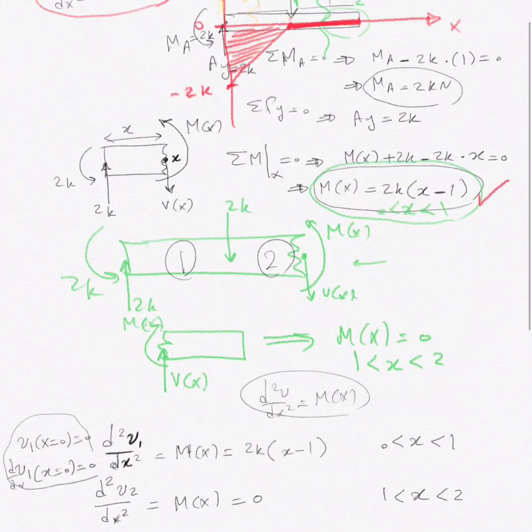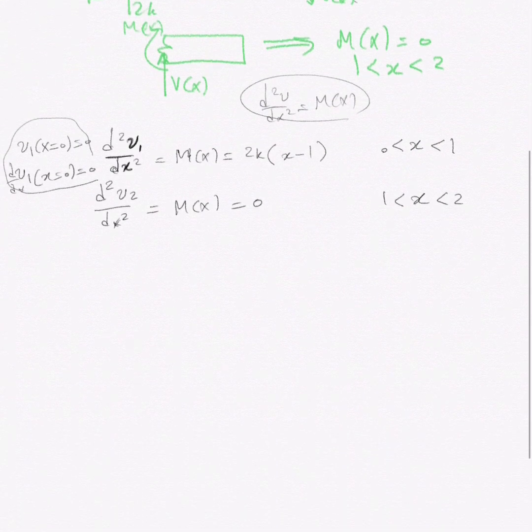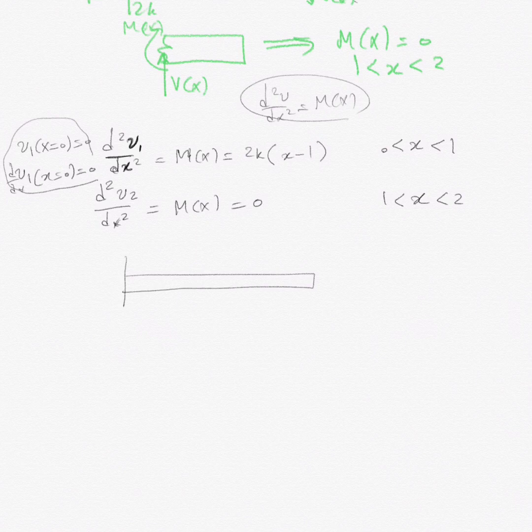But what can I say? Let's draw it one more time here. If this is a beam, and this is the deflected beam, and this is the neutral axis that we are trying to find, this v, at any point.